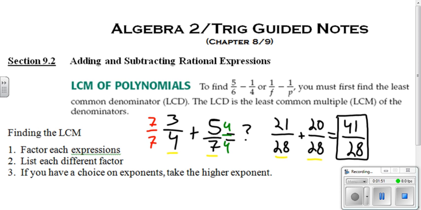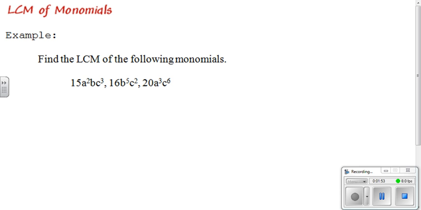Now we're going to look at how you do this when looking for the least common multiples of different polynomials and monomials. So before we carry it on to rational expressions, let's just see how to find the least common multiple of monomials. There's a couple rules here, and that is that for your variables, always just use the highest power.